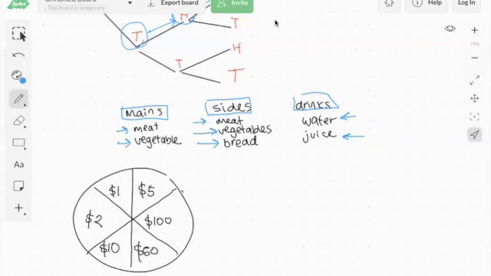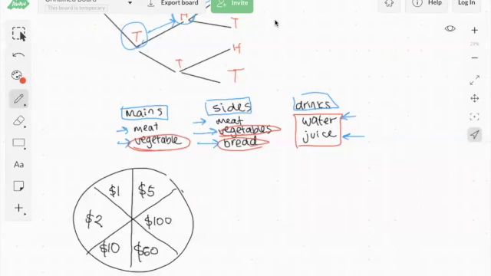A question could be, what is the probability that Sam is going to have a vegetarian meal? Vegetarian implies that there's no meat. So our options always include the path where we choose vegetable. For the next one we choose vegetable or bread, and then either one of the drinks will work.